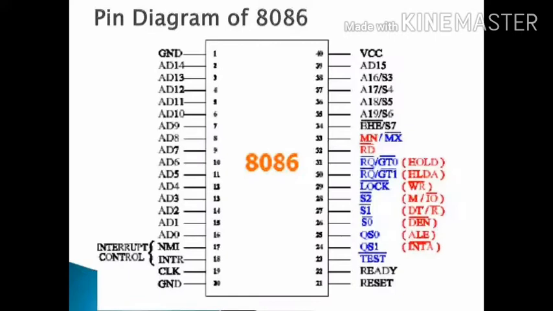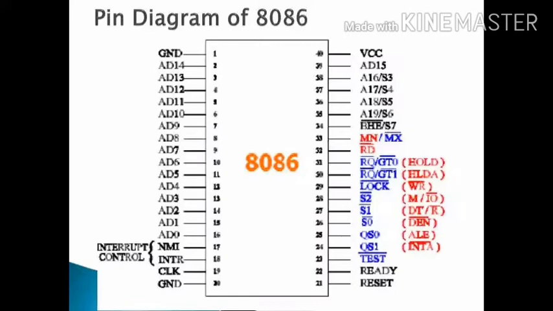So next are the non-maskable interrupt and maskable interrupt pins, at positions 17 and 18. Pin number 17 is for non-maskable interrupt and pin number 18 is for maskable interrupt.